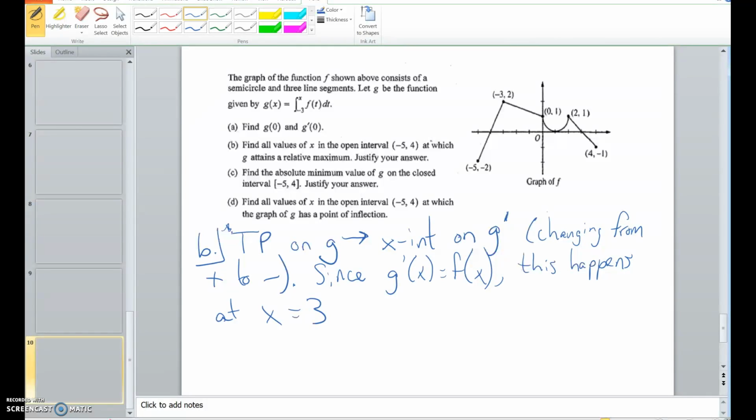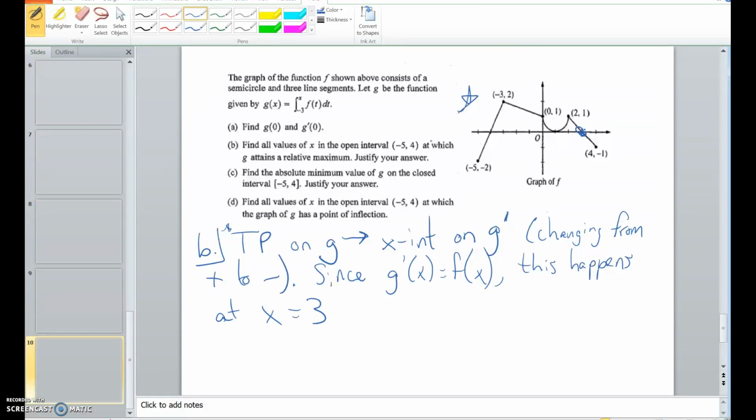Since we know from part A that g prime is the same thing as f of x, we can just look at our graph up here of f of x and find a place where there is an x-intercept where the derivative is going from positive to negative. That happens right here at x equals 3. And that's the only place that has an x-intercept where f is changing from positive to negative. So that's the only answer.